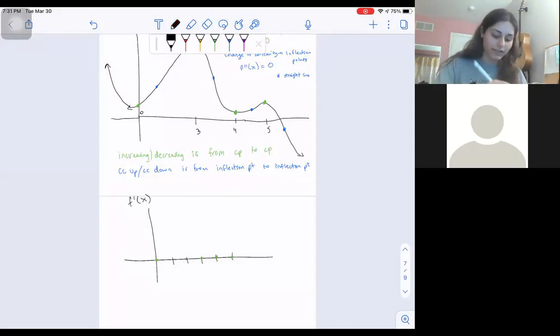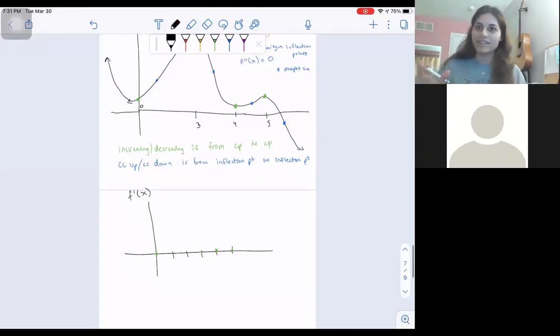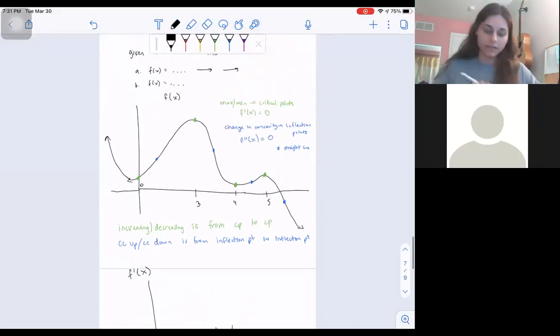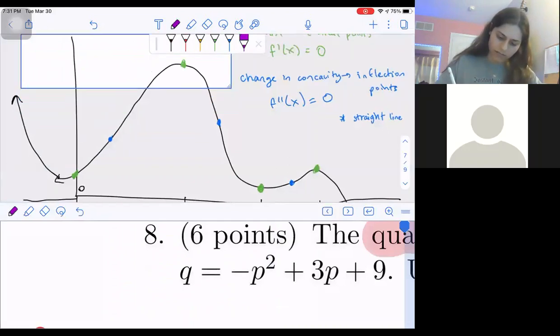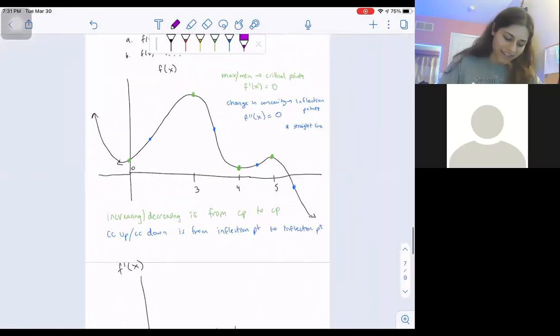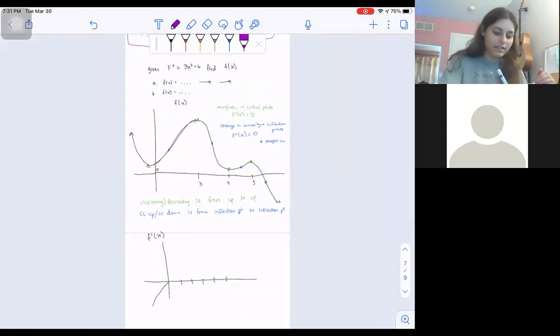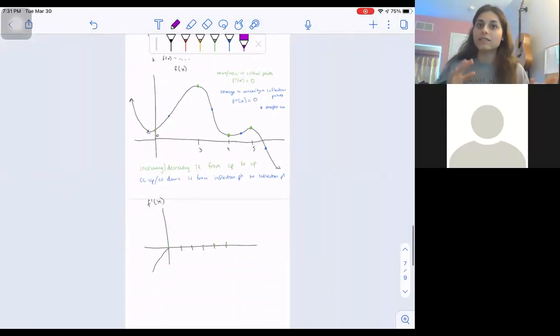I'm not making this very accurate, but it's going to be somewhere below the x-axis, and it goes up to that green point. And then from 0 to 3, is it increasing or decreasing? It's increasing. The slope is positive. The slope is going to be above the x-axis.